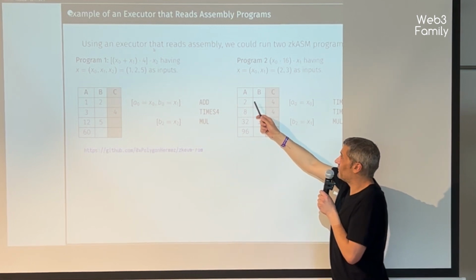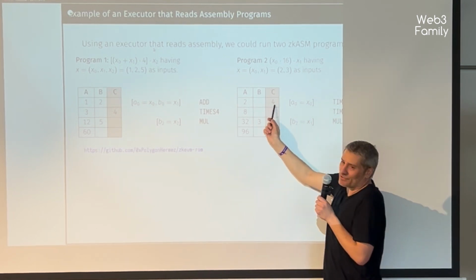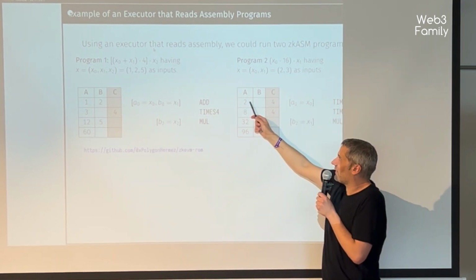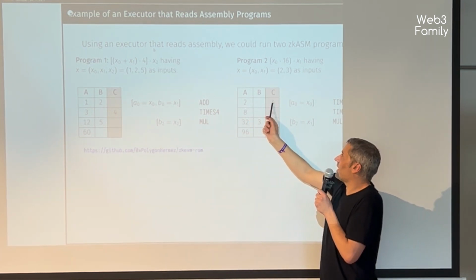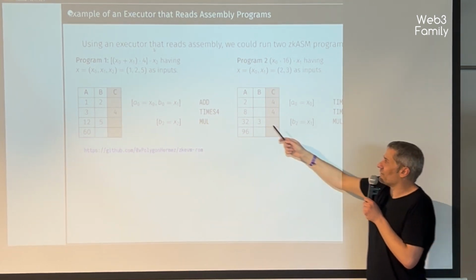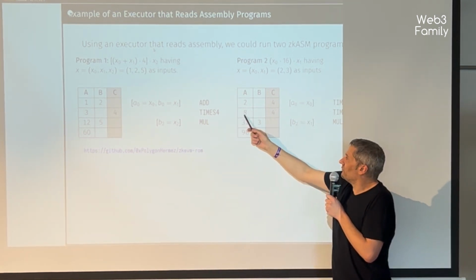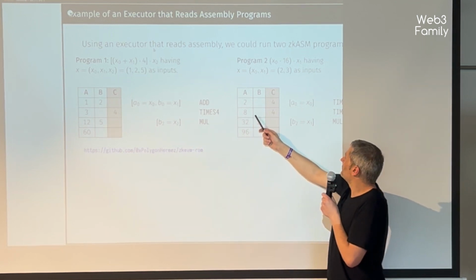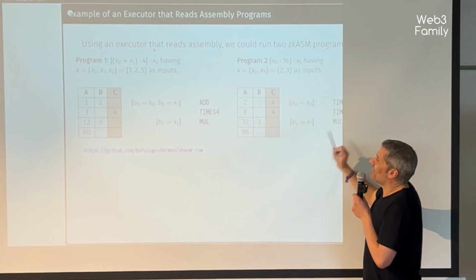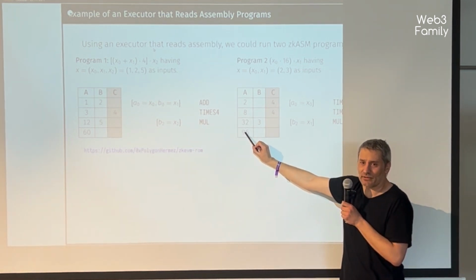What I have is a times 4 operation, so I put here a 2 and force this operation over this row. So it's 2 times 4, 8. And in the second row I need to do another times 4 operation. So 4, 8, 32. And then I have the mul operation, and then here I have the result.